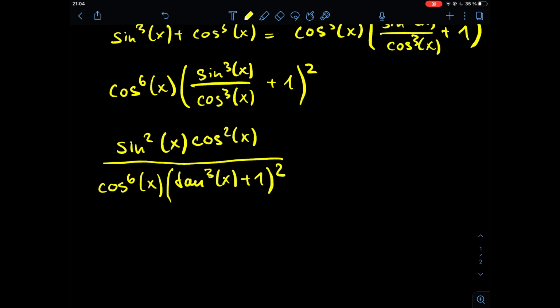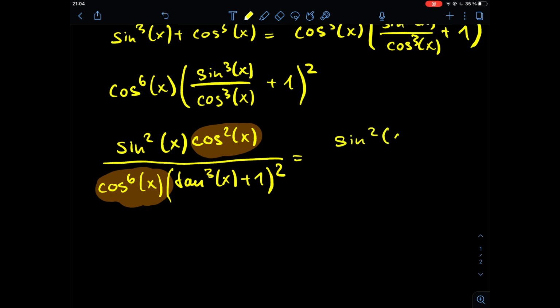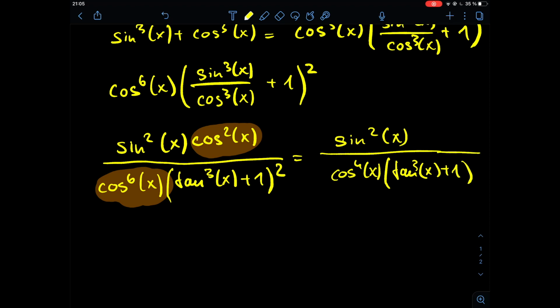Now we can cancel some cosines out, so this gives us sine squared of x divided by cosine to the power of 4 of x times the quantity tangent cubed of x plus 1, and the whole thing squared.